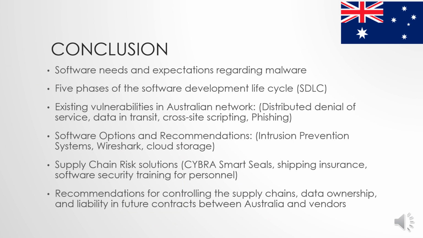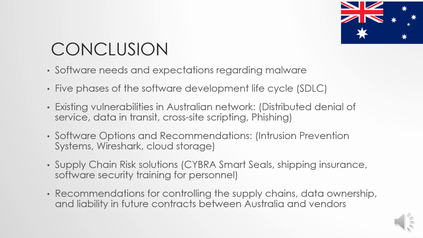In conclusion, needs and expectations of the Australian Computer Network regarding searching for malware and discovering commonly known vulnerabilities were discussed to make certain they were patched in the future. The 5 phases of the software development lifecycle and how to apply them to the Australian project development were also discussed. The supply chain and the 5 risks were also discussed.